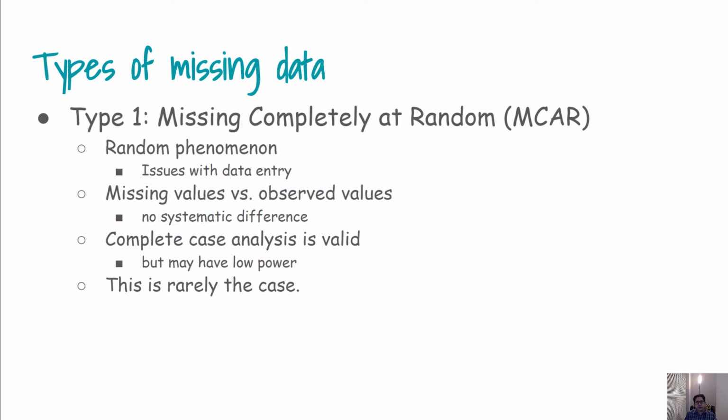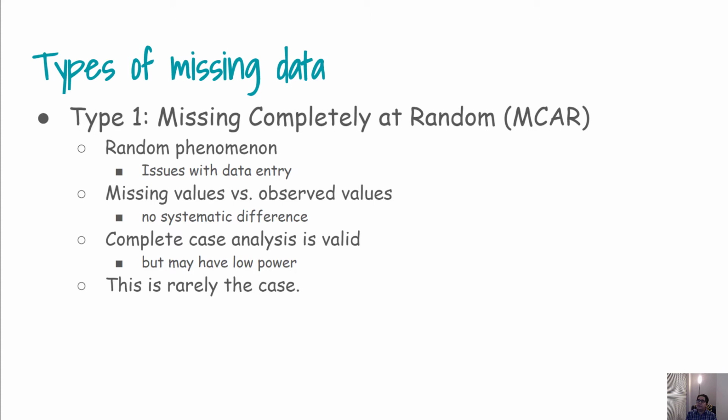Say for example, your data was collected, but someone who was typing your data forgot to insert your data, or maybe your data was on a piece of paper and they lost that piece of paper, and that has nothing to do with you, your information, or anything. It happened at random. So if that is the case, then we would label that problem as missing completely at random.